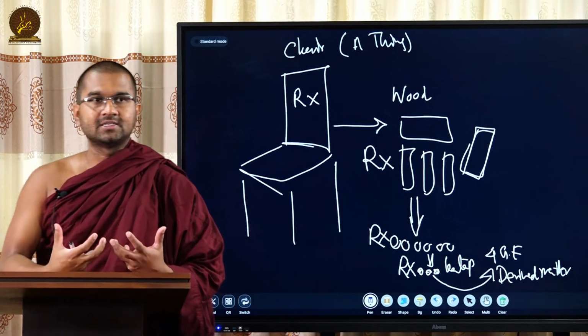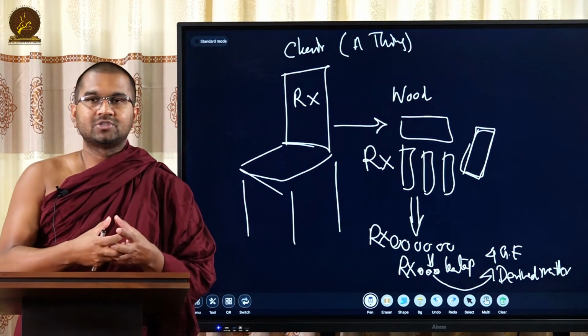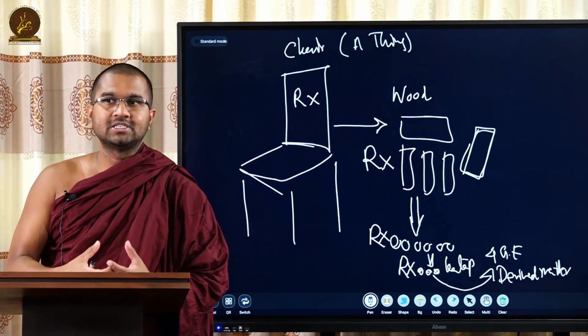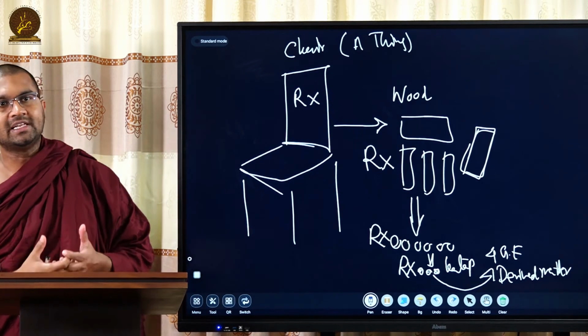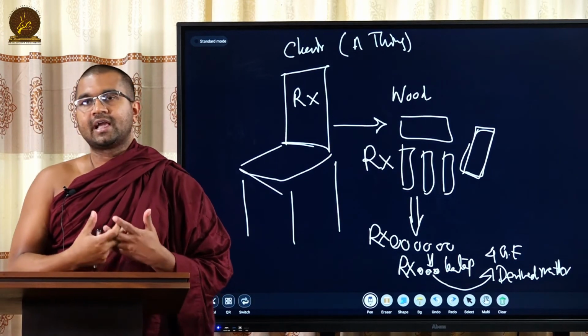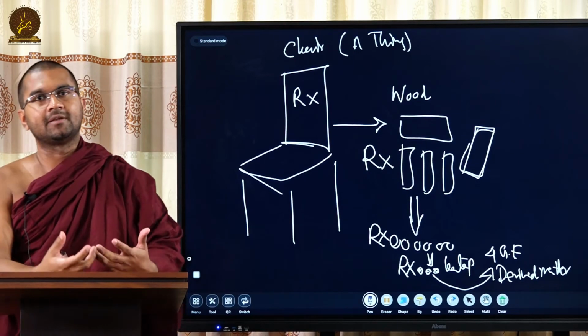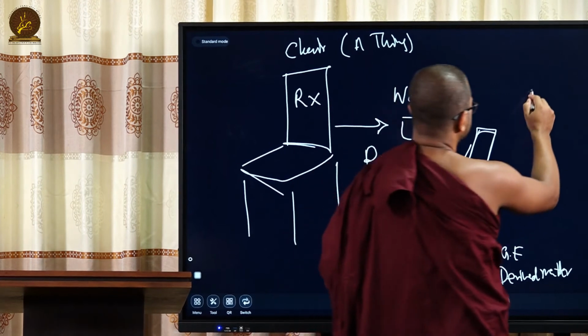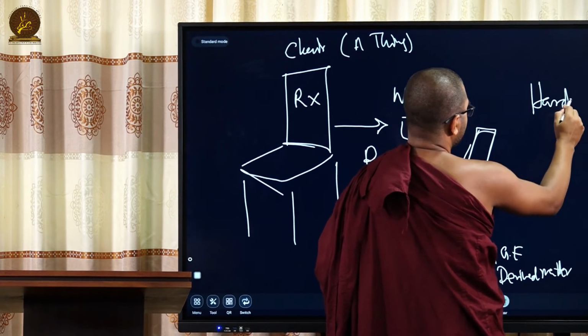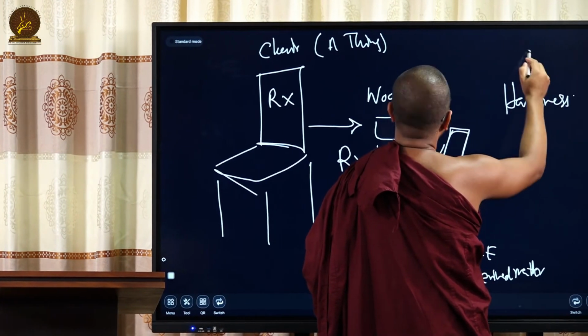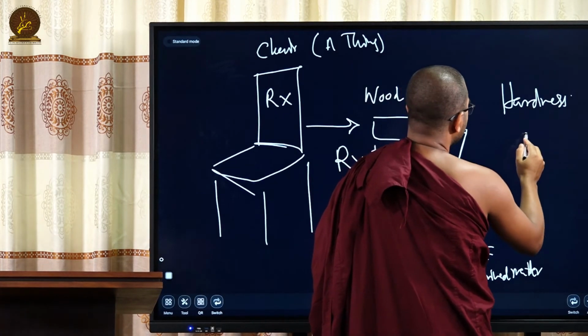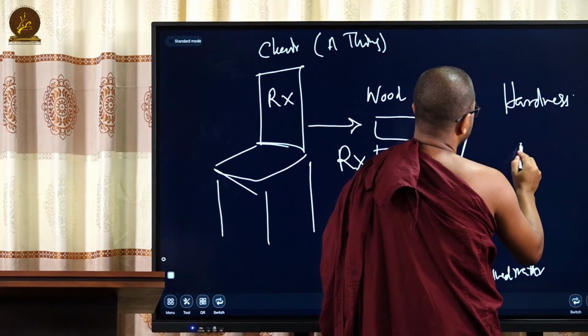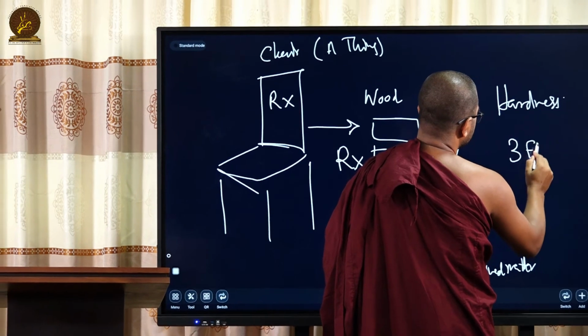What is hardness? Is it made out of something? We cannot say so. These are just qualities. A quality cannot be said to be made out of something. Then we talk about hardness. Hardness comes into existence because of the other three elements.